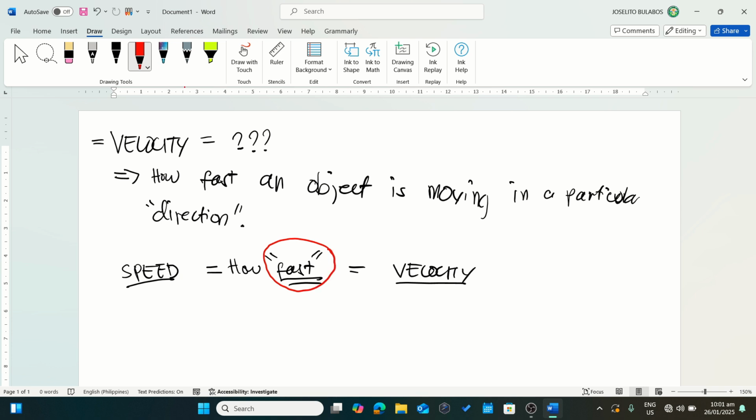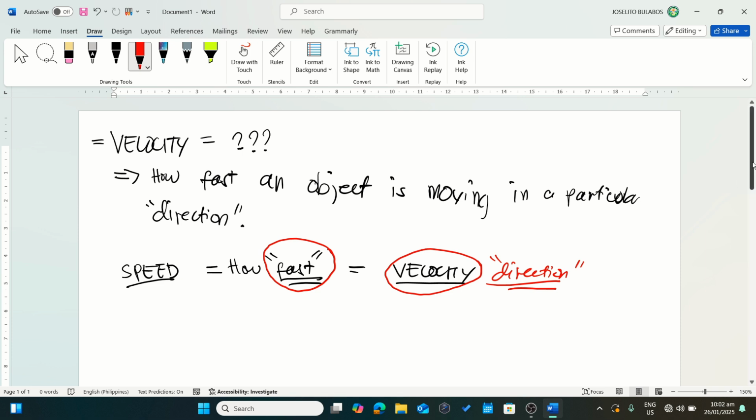But the difference between the two is that velocity measures how fast the object is moving in a particular direction. So the direction really matters for velocity because velocity is a vector quantity, while for speed, the direction is not very important.